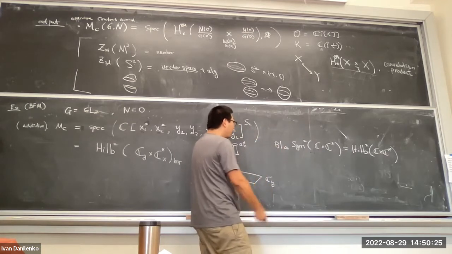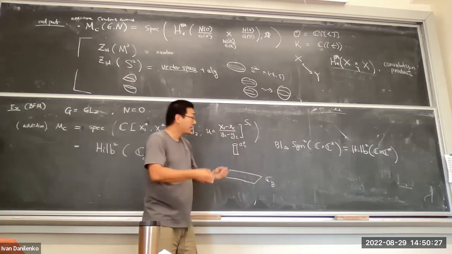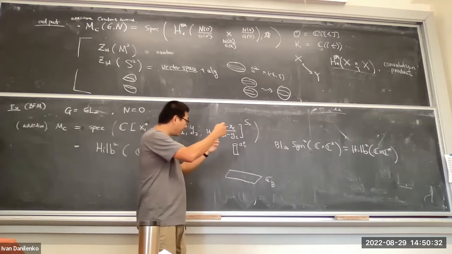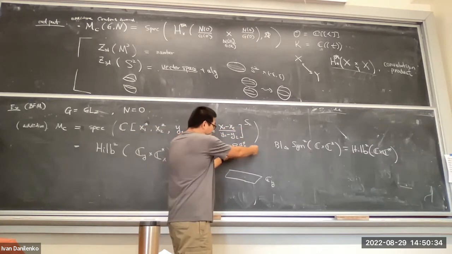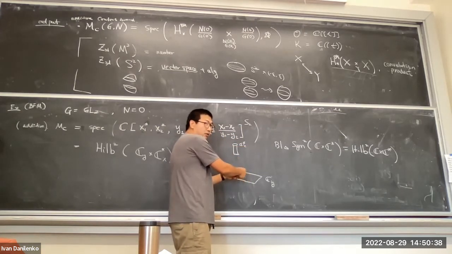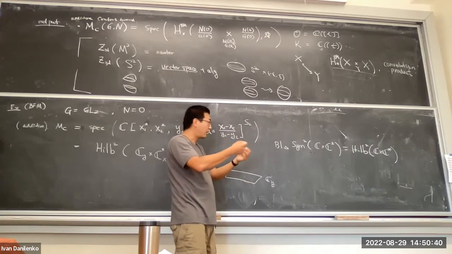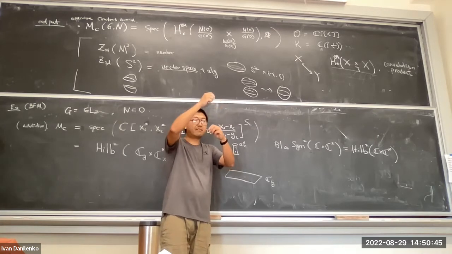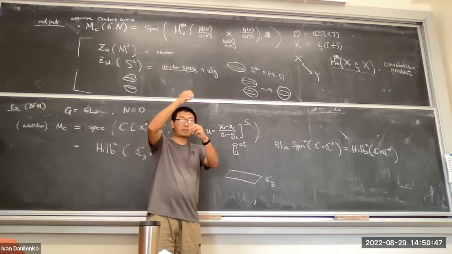Geometrically, what does the horizontal part mean? It means that when you have 2 points moving here, you want their shadow to also have 2 points. That means, first of all, you want to delete those configurations where the points are in the same fiber.